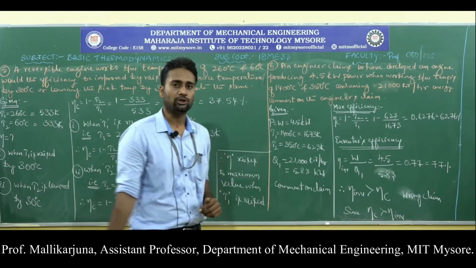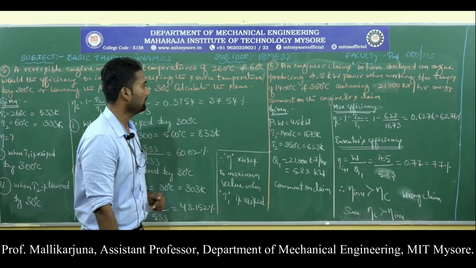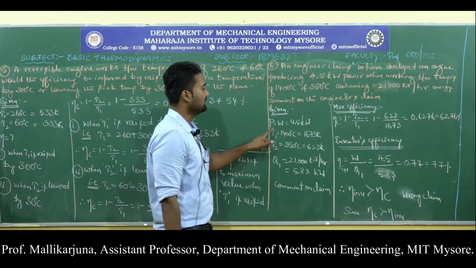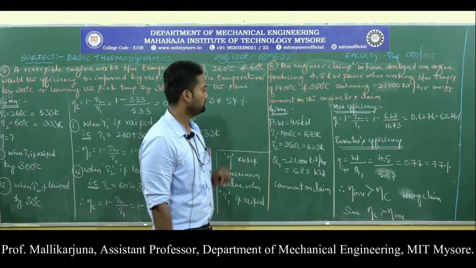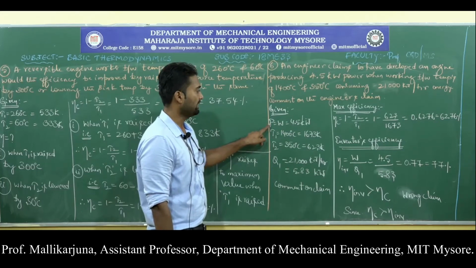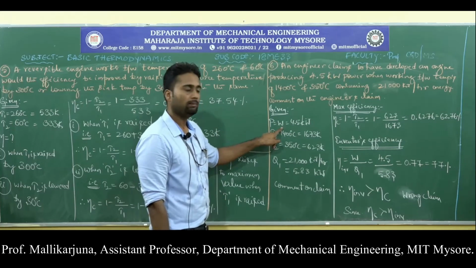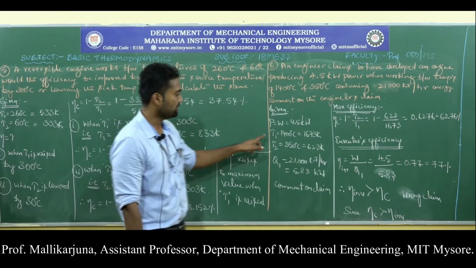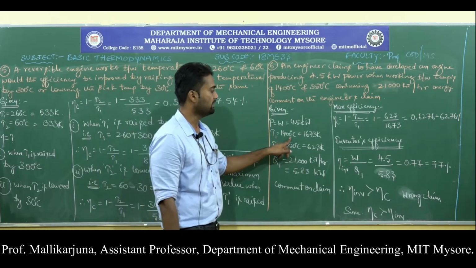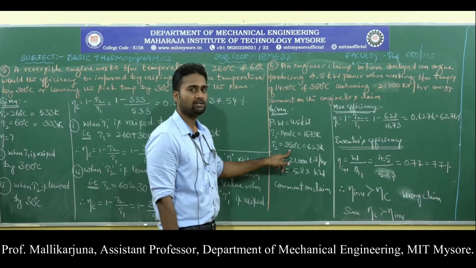Let us look at the solution now. Given that the engine is producing 4.5 kilowatts of power, that is nothing but P, which is equal to W. Next, the engine is operating between two fixed temperatures, T1 1400 degrees centigrade, T2 350 degrees centigrade.